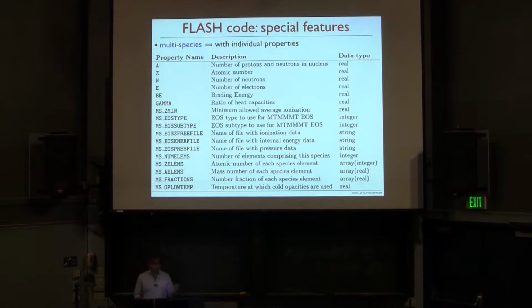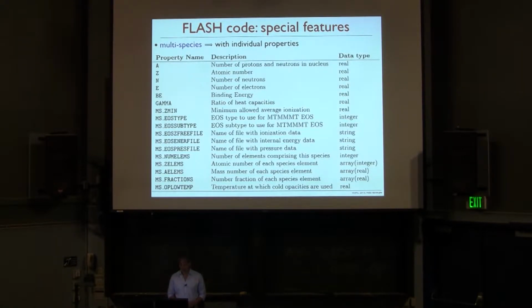If you really want to calculate the formation of molecular clouds, you need a time-dependent chemical network to decide where your H2, your molecular hydrogen, resides. And you can build your chemical network on this database of multi-species properties.